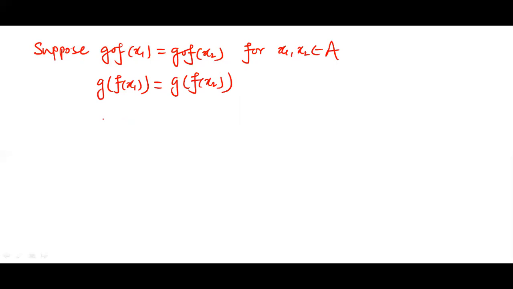But we have g is a permutation, means g is a one-one function. Since g is one-one and g of f of x1 equals g of f of x2, f of x1 must be equal to f of x2.